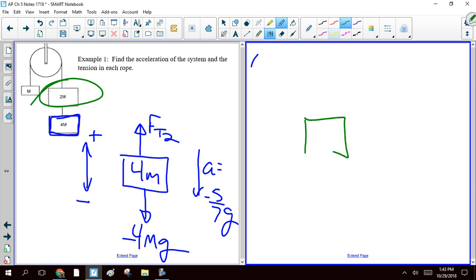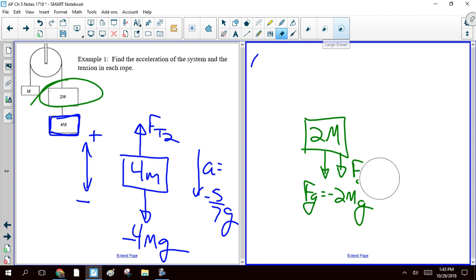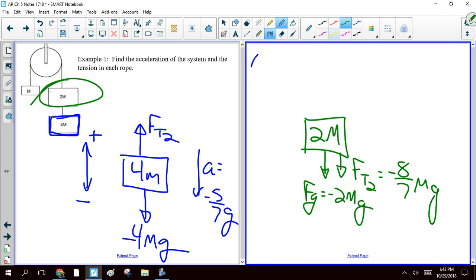So what's that block going to look like? Well, let's see. There's our mass. Fg is negative 2 mg. There's a tension force from rope number 2, which is negative 8/7 mg. And there's an upwards tension from tension number 1, which we discovered to be 12/7 mg.